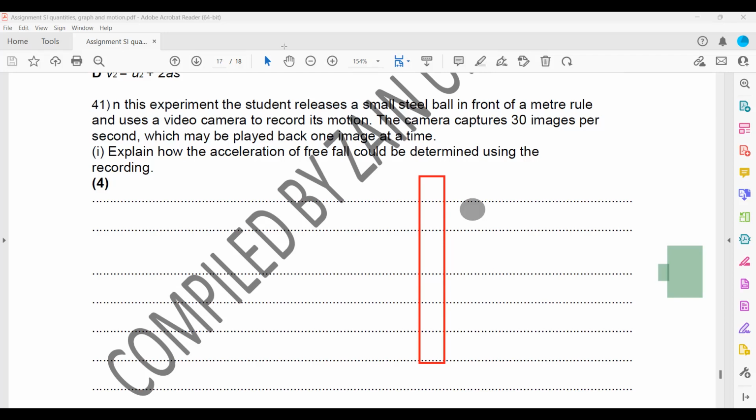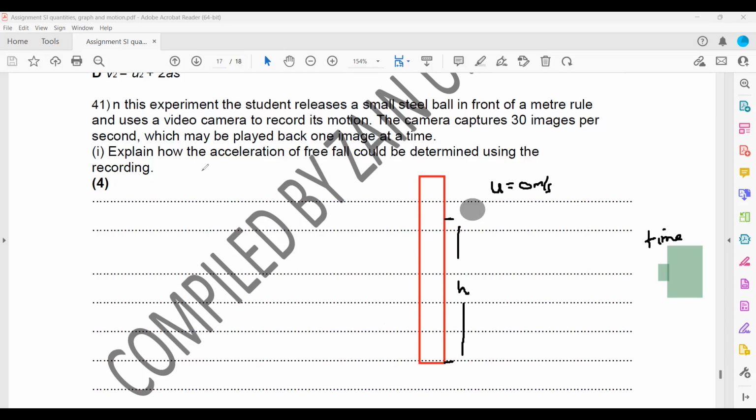Explain how the acceleration of a free fall could be determined using the recording. So how can we work out the acceleration? For falling objects, always remember the initial velocity is 0. Using the camera, we can determine the time. And we can use this meter scale to know the height from which we drop this metal sphere.